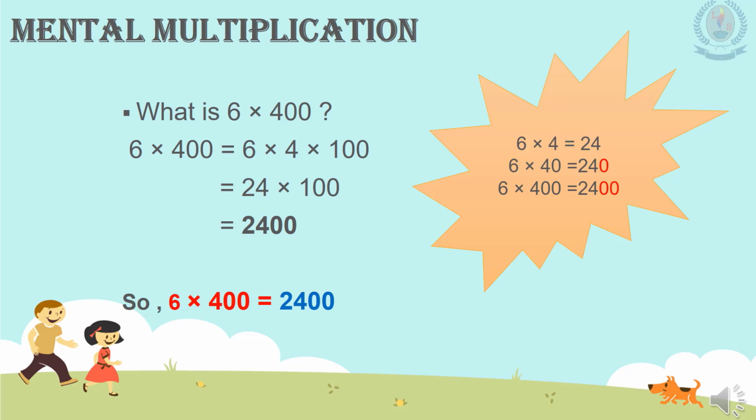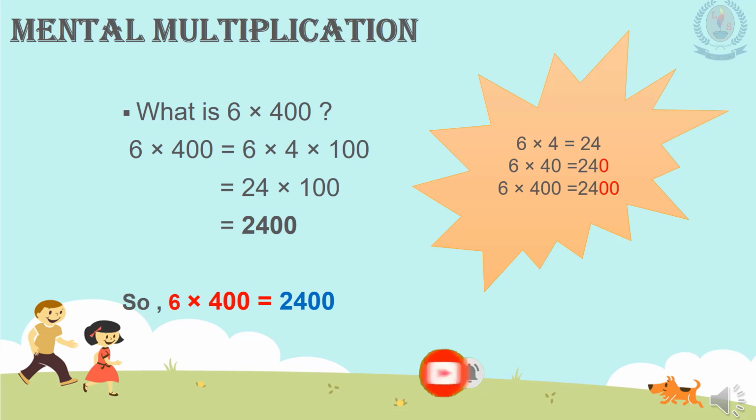Let's look at the next question. What is the answer of 6 times 400? As we did earlier, since 400 is 4 hundreds, you have to remember that multiplying by 400 is the same as multiplying by 4 hundreds.